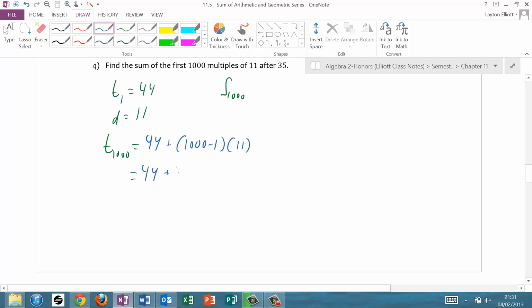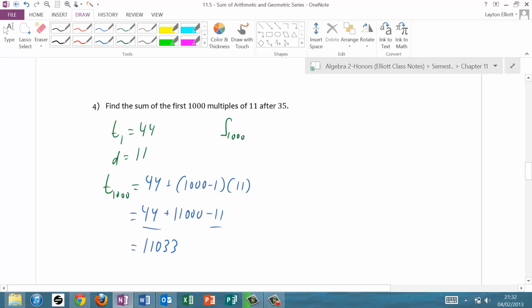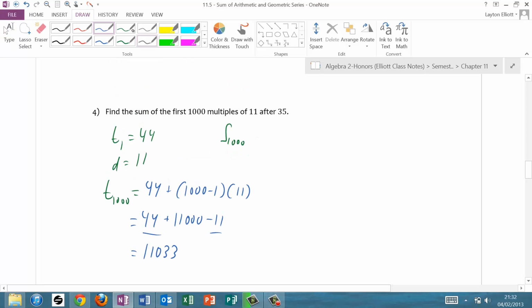I'm going to say plus 11,000 minus 11, because then I can combine the 44 and the 11 to get 33, and I know that 11,033 is the sum, and I didn't even have to pull out a calculator for that. S of 1,000 is equal to n over 2, so 1,000 over 2 times T of 1, which is 44, plus T of 1,000, which is 11,033.